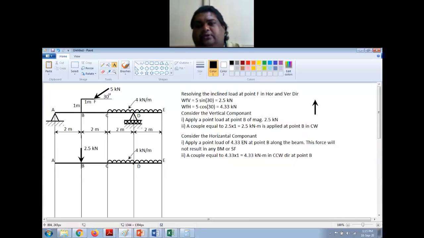The direction of the resultant couple will be the direction of the maximum couple. This 4.33 is in counterclockwise direction, which is greater than 2.5.